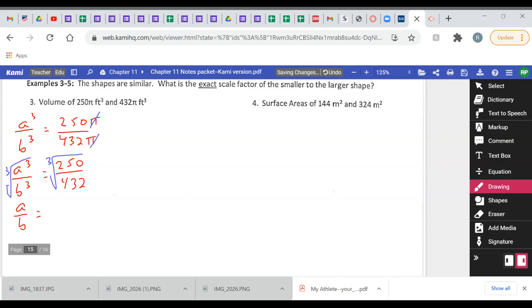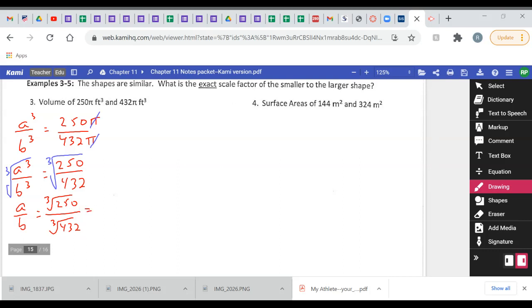If I take the cube root of 250 and 432, you can think of it like this. It means the same thing to write it like that. We're used to using square roots, and now we've got a cube root, so it's a little bit different. Think of it as what's the biggest perfect cube that goes evenly into 250 and 432.